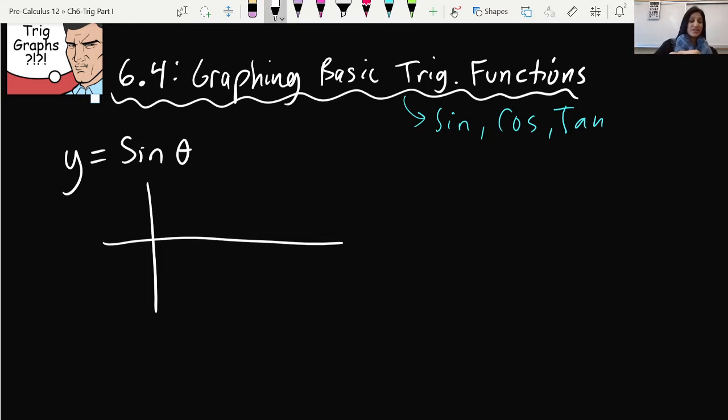I considered putting in grids for grid paper, but I have trouble staying in the lines. So there we go. That's basically one cycle or one period of our sine theta graph. There are key things that I want you to pay attention to, and that is here, here, and here.